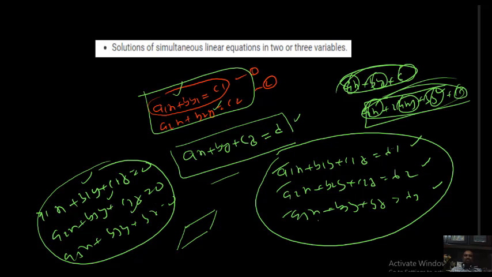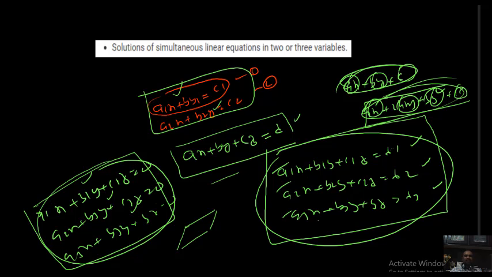How to solve these three linear equations for x, y, z simultaneously, that is said to be solving a system of non-homogeneous linear equations. How to find a common x, y, z which satisfies all three equations, that is known as solving a system of linear equations. Okay students, two types. First of all, we need to complete this type, solving non-homogeneous linear equations by the matrix method.